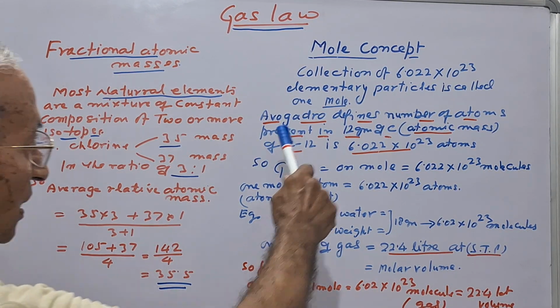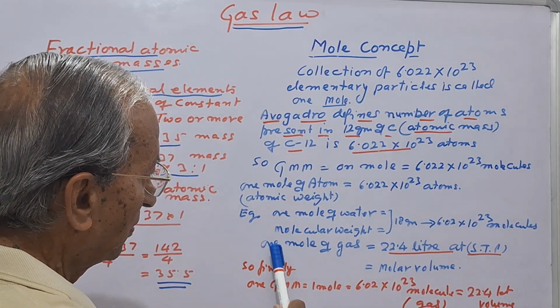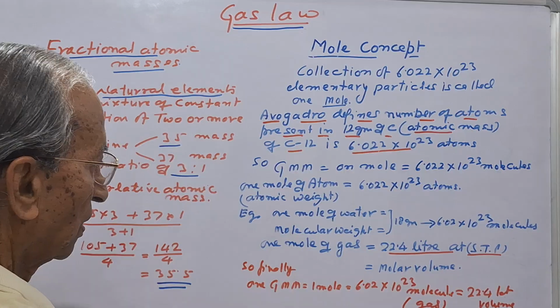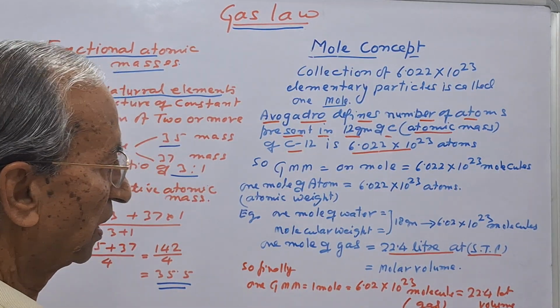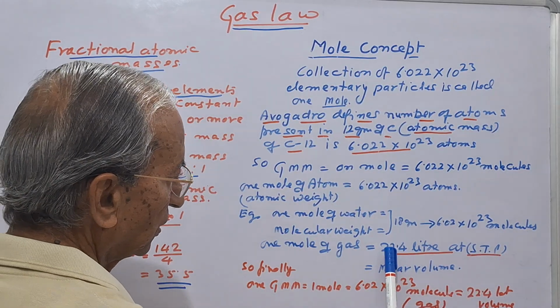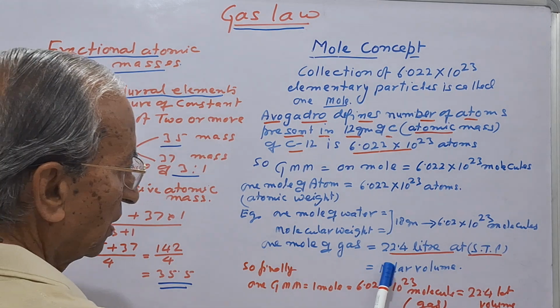Then again, Avogadro said that the volume of the 1 mole of the gas, if measured at STP, is equal to the 22.4 liter. It is known as the molar volume.